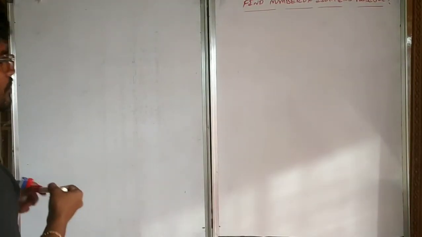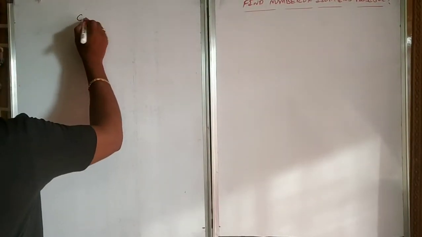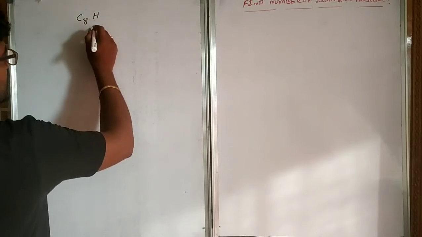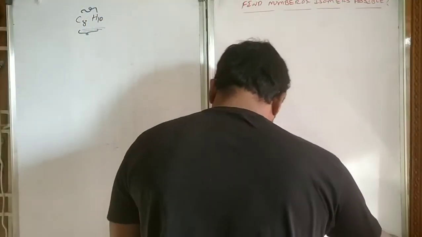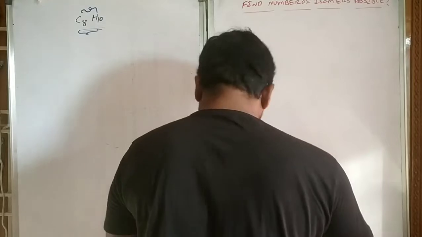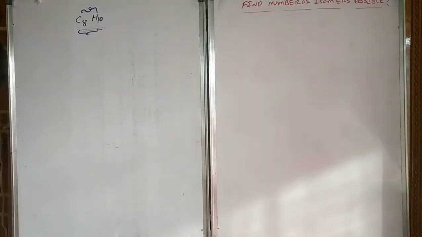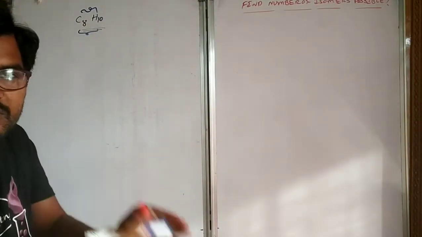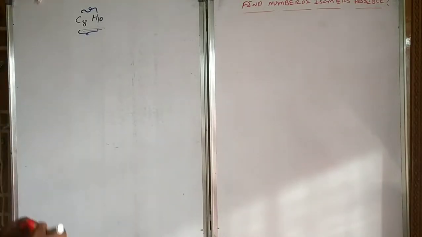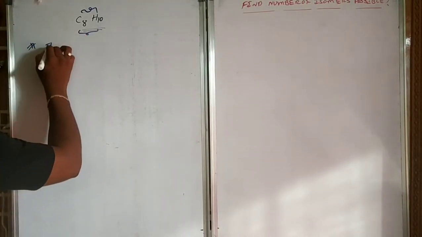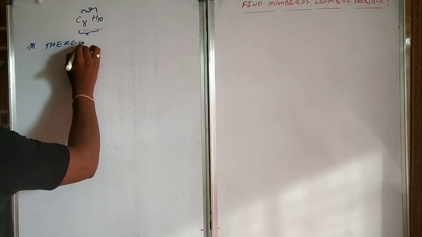They have given you a compound already like this, C8H. So whenever the carbon and hydrogen atoms are very close to one another, definitely there will be a benzene ring.